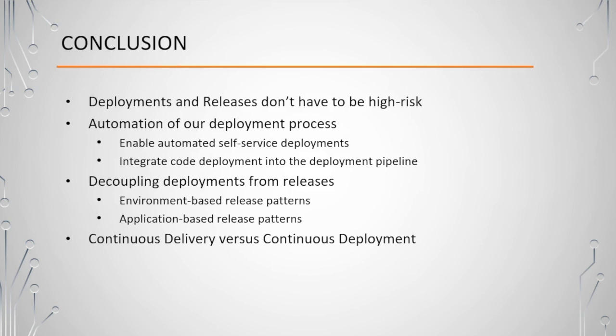Next, we learned that we can decouple our deployments from our releases through environment and application-based patterns that allow us to switch environments or switch features on and off, thereby ensuring safer releases. Finally, we learned that there are key attributes that differentiate continuous delivery and deployment, and that knowing these key attributes gives our organization a model of best practices for enabling low-risk releases.